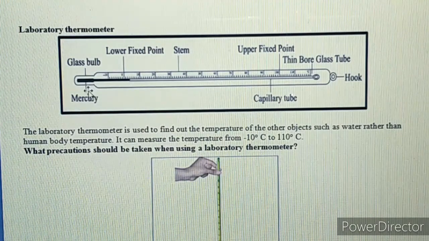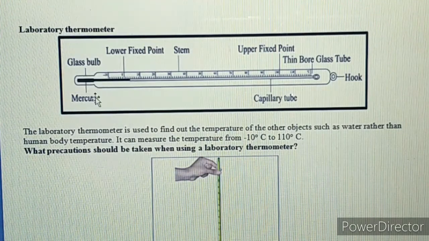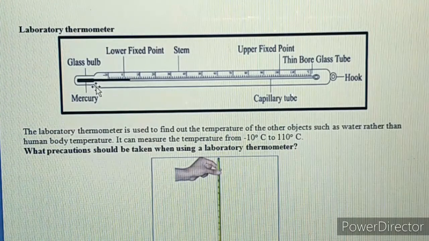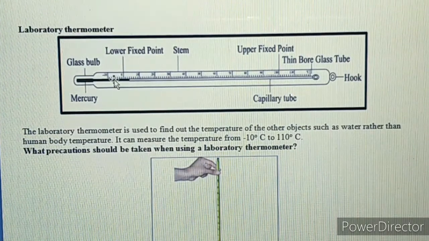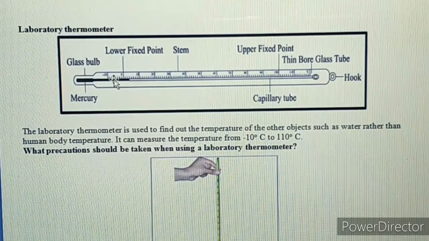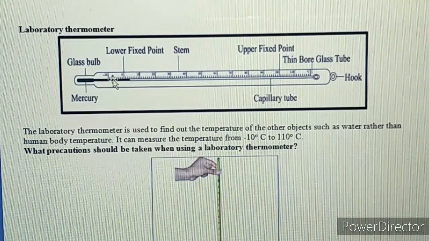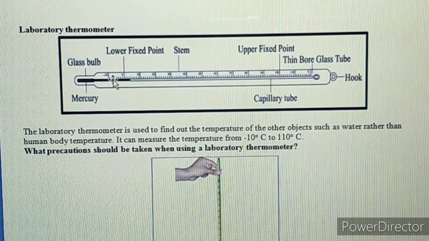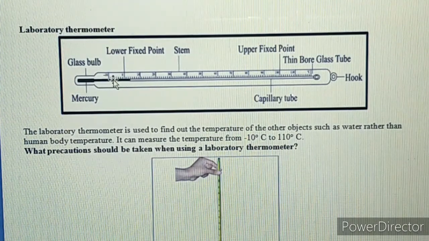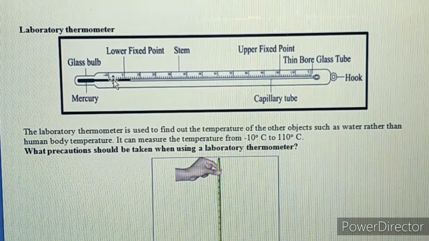Then you will find one more change in this: there is no kink present in it, because laboratory thermometers are used in labs to find out the temperature of chemicals and so on. So they are kept in the chemical, and it is not necessary to take them out of the chemical to get the temperature.